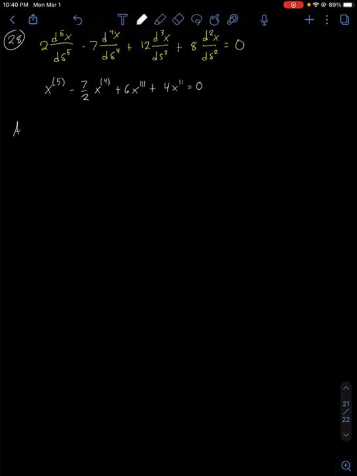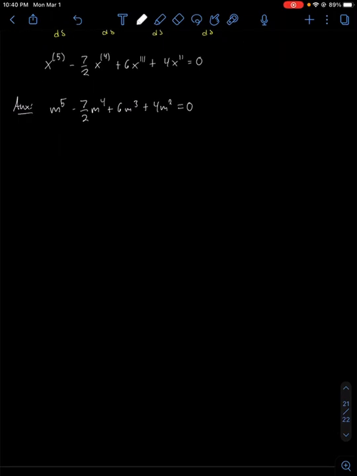So the auxiliary equation, m to the 5th minus 7 halves m to the 4th plus 6m cubed plus 4m squared equals 0. First thing I want to try is to take out an m squared.